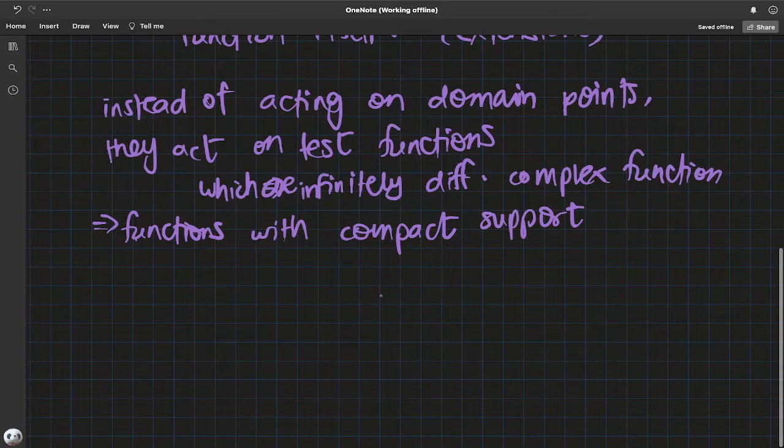Now what compact is, because of Bolzano-Weierstrass, Heine-Borel, is closed and bounded.